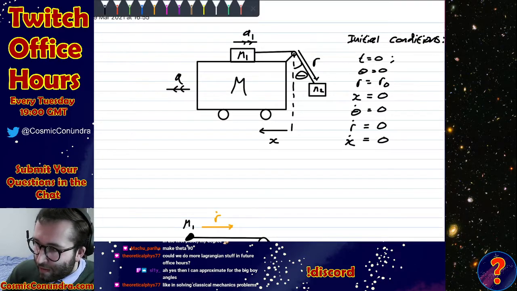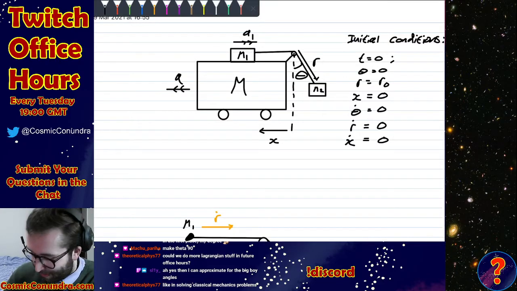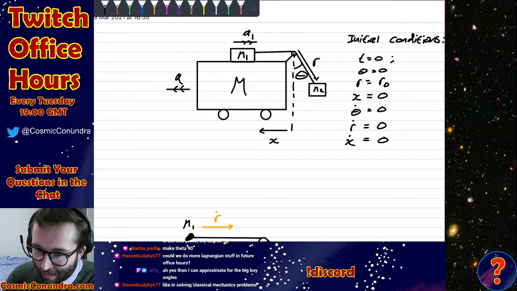Get an iterative equation from the differential equation, and then solve it in that way. It would be quite interesting, and you could produce some plots. I can't think of any reward or incentive I could give for someone that would produce the plots, but it would be very interesting. Could we do some more Lagrangian stuff in future office hours?